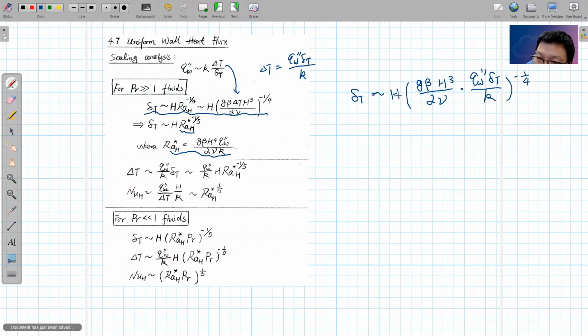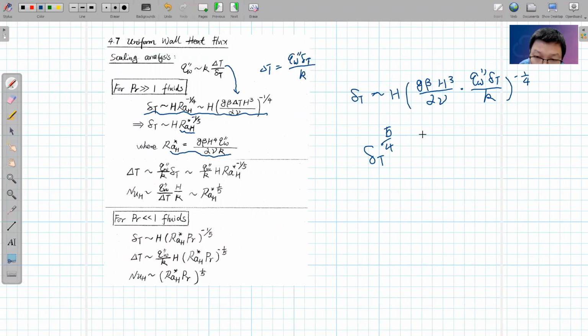And then you have delta T on both sides. So you move this delta T to the left-hand side. So this will be delta T times that, so it will be 4 over 5, right? 4 over 5.